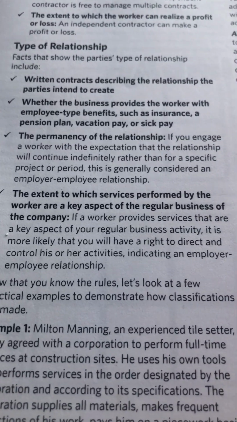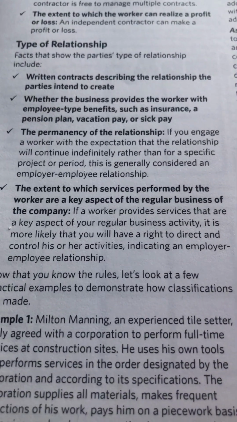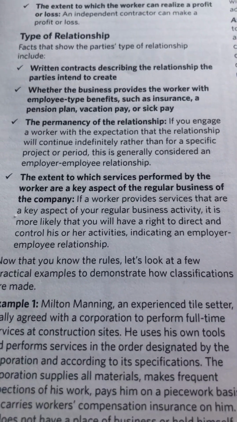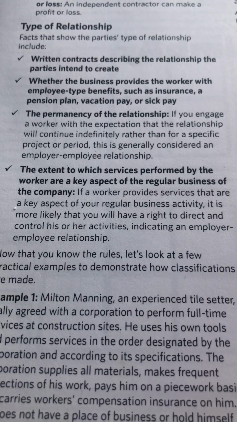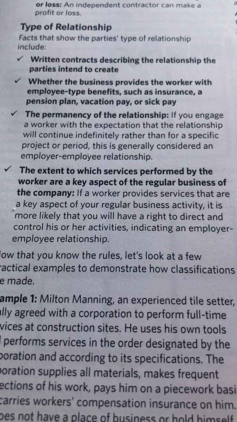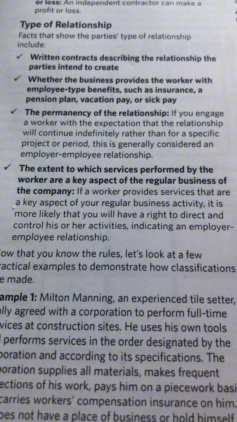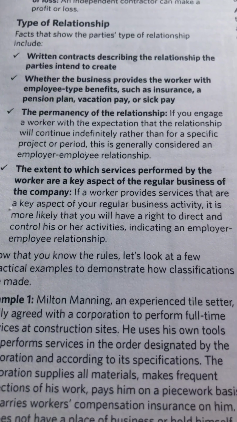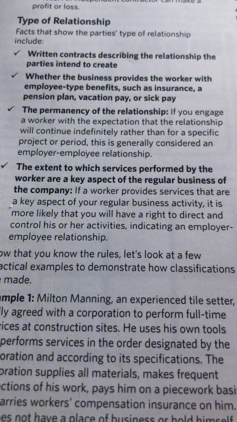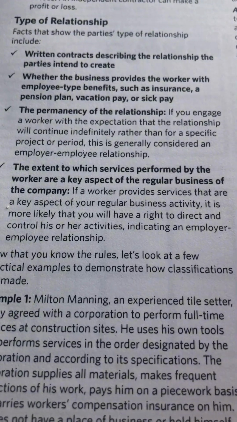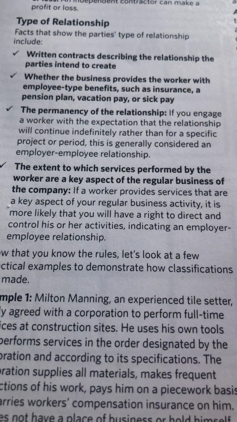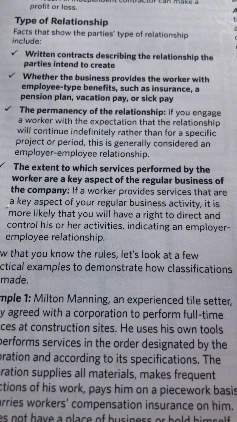Type of relationship. Facts that show the parties' type of relationship include a written contract describing the relationship the parties intend to create. Whether the business provides the worker with employee-type benefits such as insurance, a vacation plan, pension plan, or sick pay.